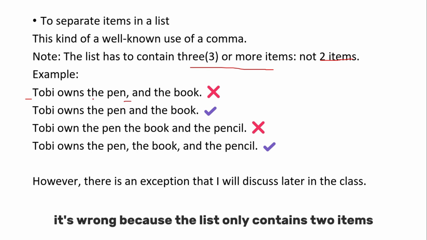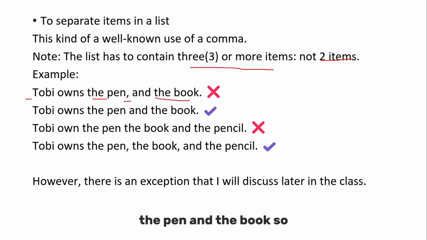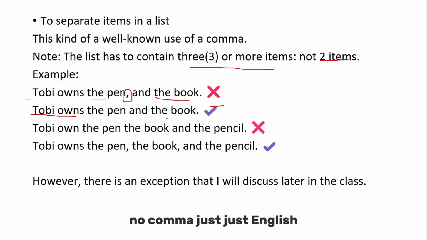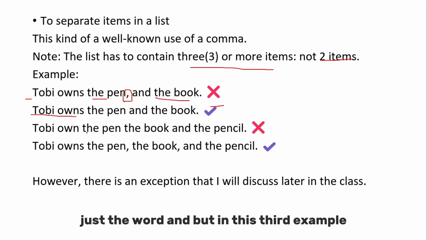It's wrong because the list only contains 2 items, the pen and the book. So we're not going to use a comma here because it's just 2 items. That's why this is wrong. So it's just going to be: Toby owns the pen and the book. No comma, just the word and.